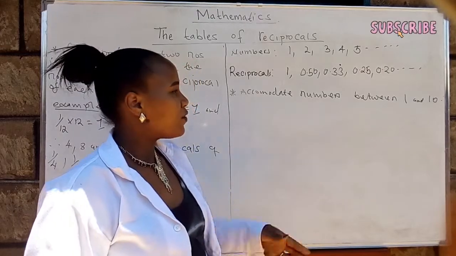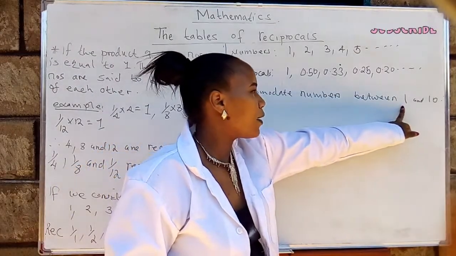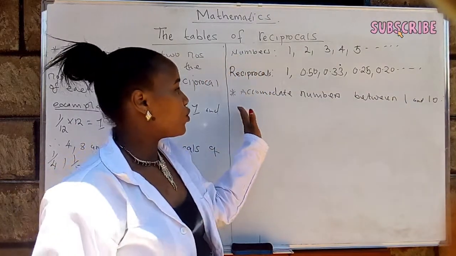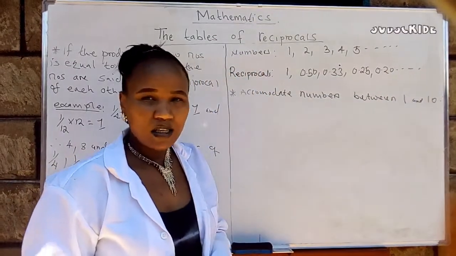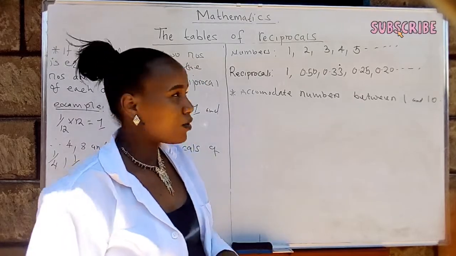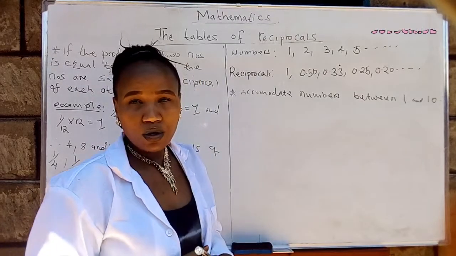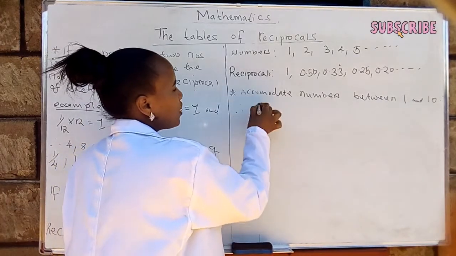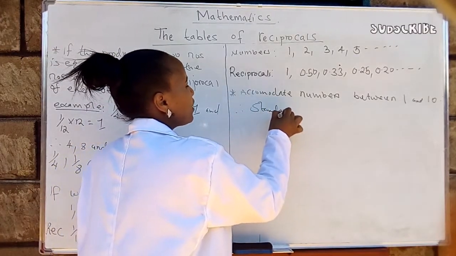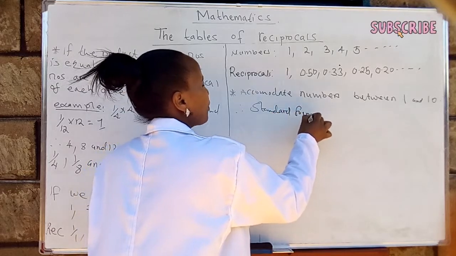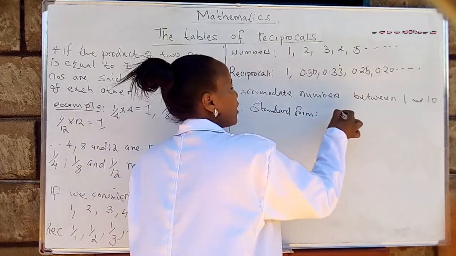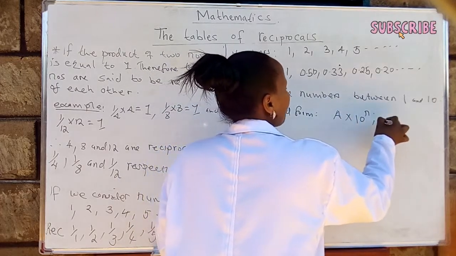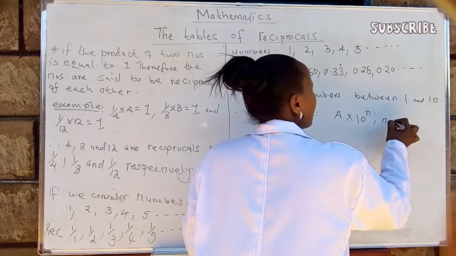This means that if the number is less than 1 or the number is greater than 10, so for you to find the reciprocal of such numbers in the reciprocal tables, it means that we have to write those numbers in standard form. And in standard form, the number should be in this form: a times 10 power n, where n is an integer.